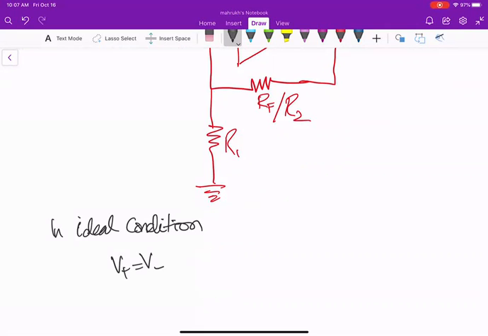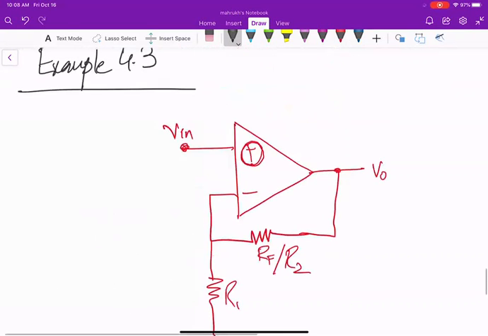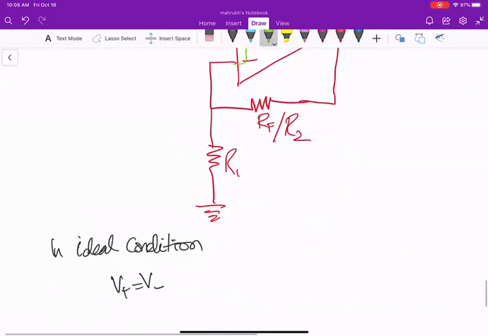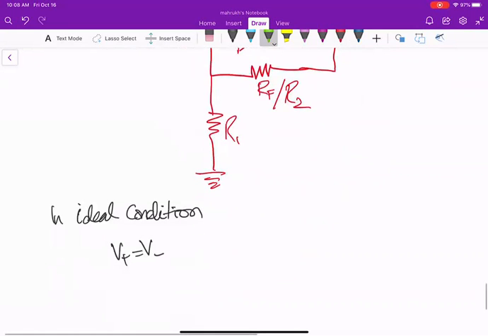V plus is equal to V minus, and I minus is equal to I plus, which implies I negative is equal to 0.